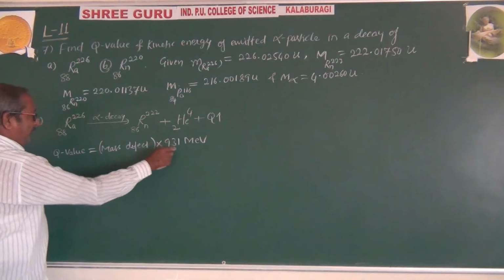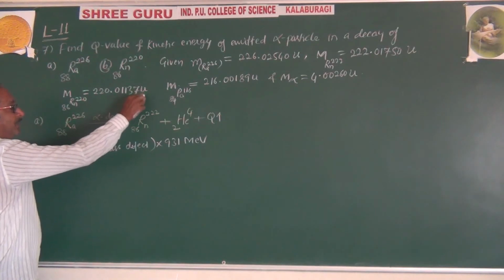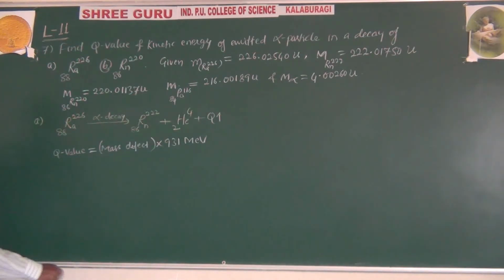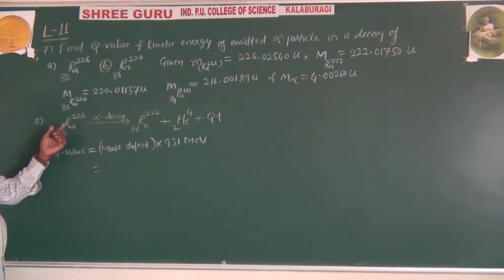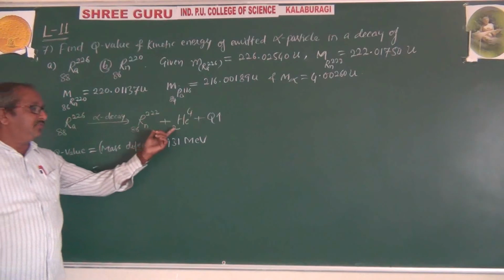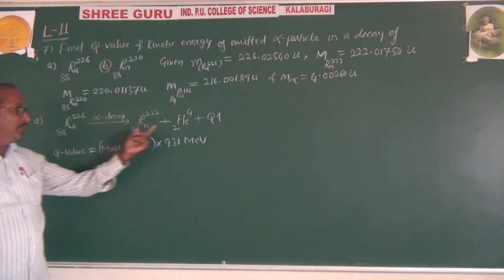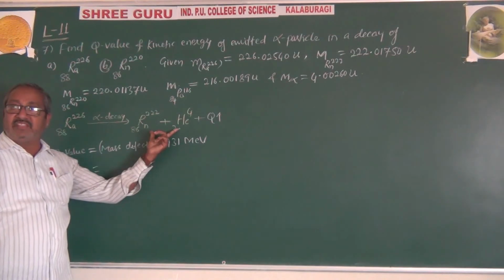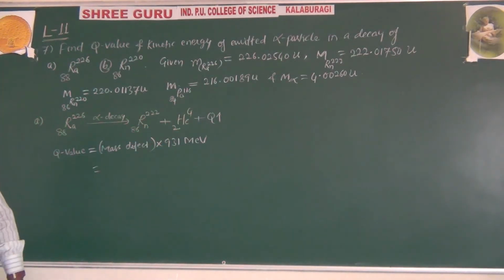Whenever you multiply by 931, the mass defect will be in terms of atomic mass unit. The mass defect is the difference between the total mass of this and the total mass of these two.